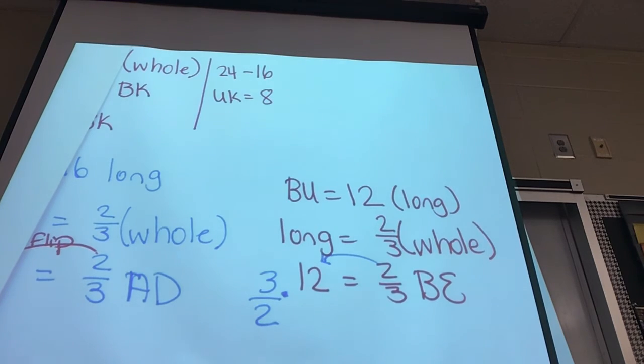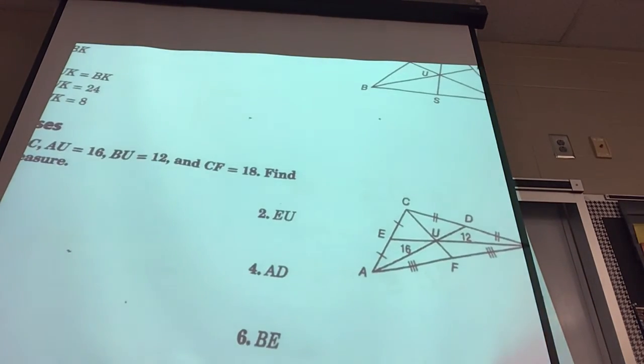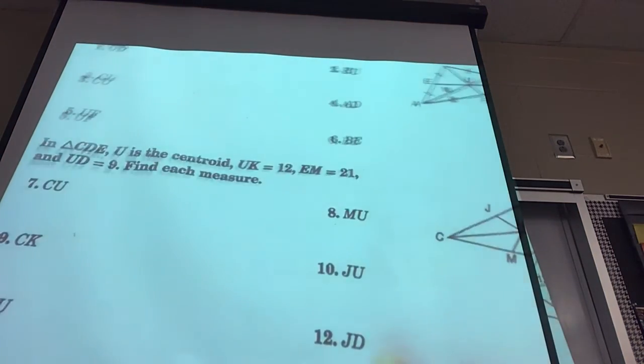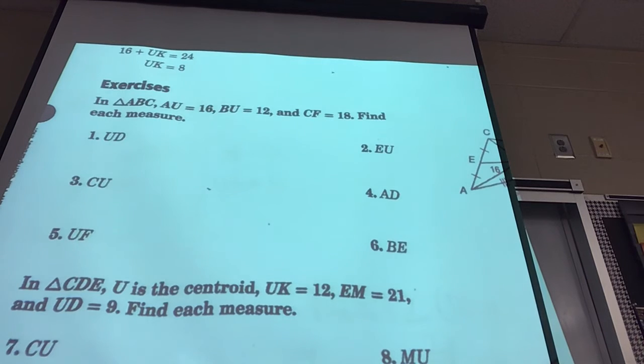When you solve that, it's going to tell you what BE equals. So you're going to know what BE equals if you solve that. And BE is which one? Number 6. It's right there. It's number 6. So you can't always do these in order 1, 2, 3, 4, 5, 6. Sometimes you gotta just do them as you solve them.